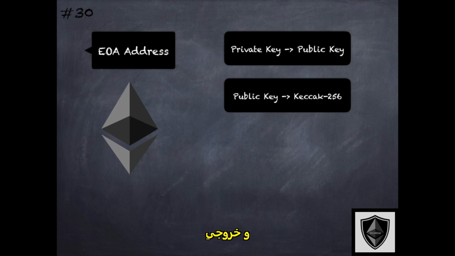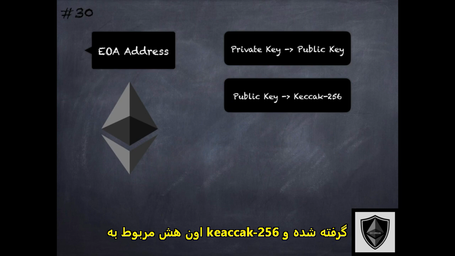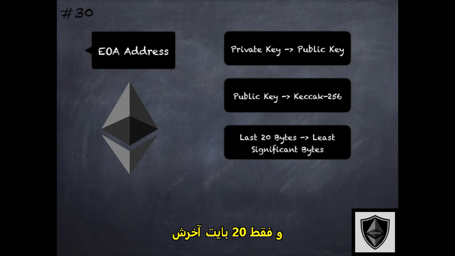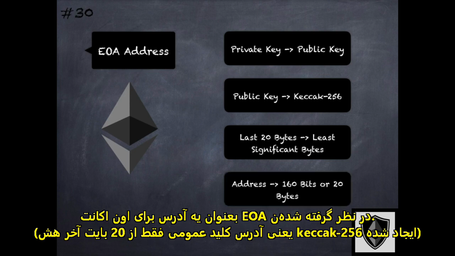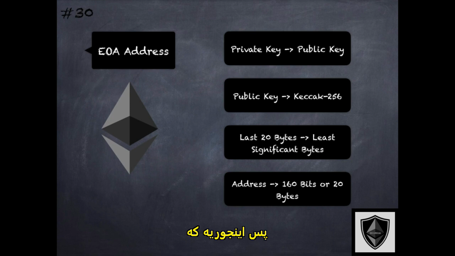And the output of that hash is taken, and only the last 20 bytes, or in other words, the least significant bytes of the Keccak 256 hash of the public key are taken as the address for that EOA account. So this is how an address is derived from the private key. It's a very simple calculation, and it results in the address being 20 bytes or 160 bits.